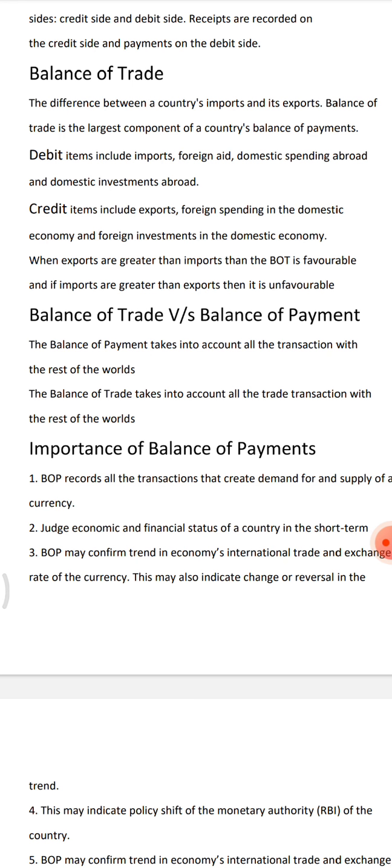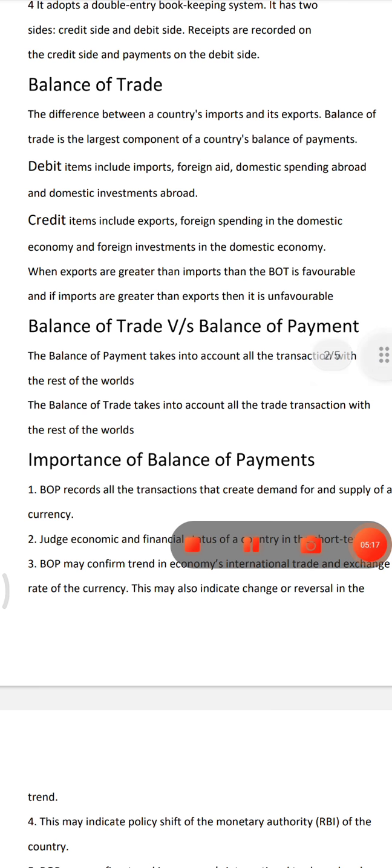Now we'll talk about the difference between balance of payment and balance of trade. Balance of payment takes into account all the transactions with the rest of the world. We don't have to distinguish between visible and invisible goods. All transactions between the residents of the country and the world come under balance of payment.